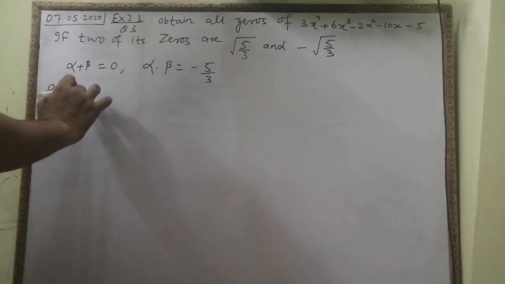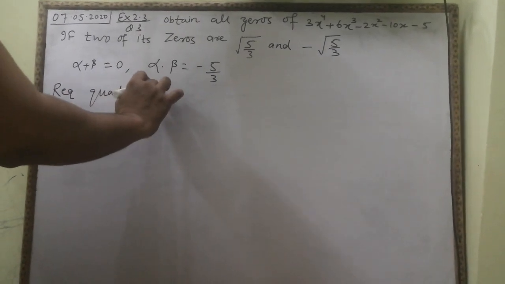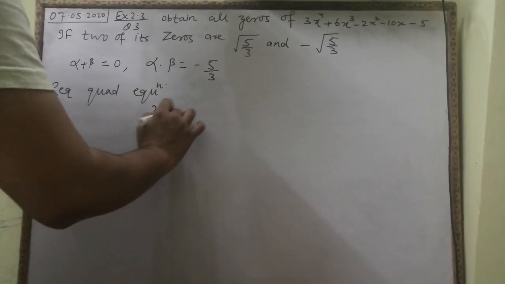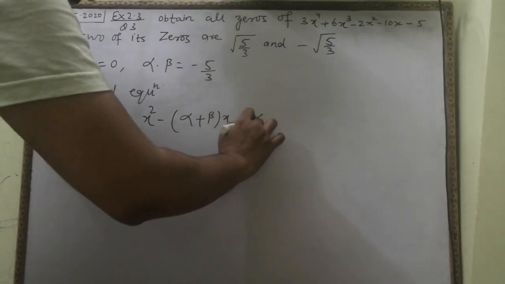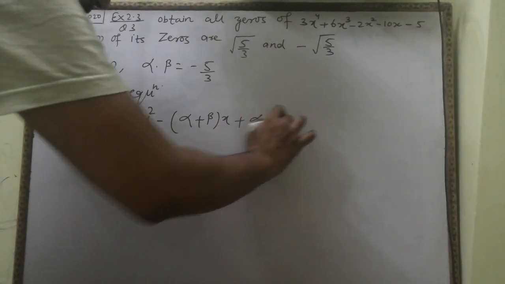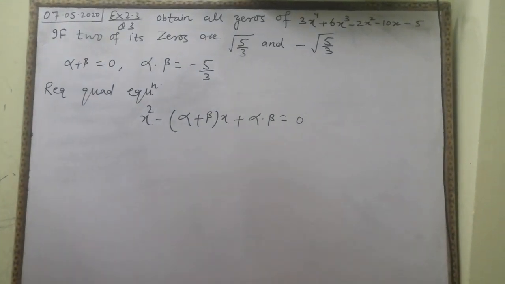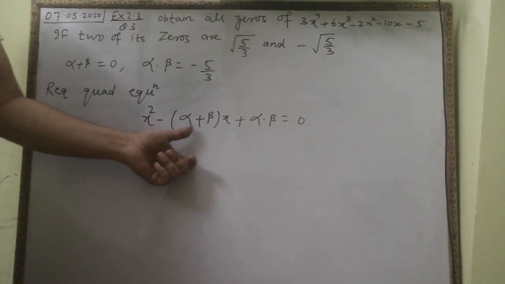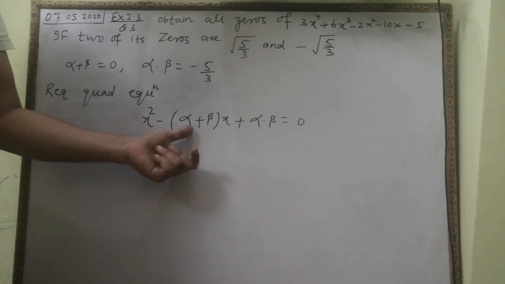So we will write the required quadratic equation is x square minus (alpha plus beta) x plus alpha into beta is equal to 0. This is the standard form of a quadratic equation. We use this when zeros are given. You will be able to find the quadratic equation when zeros are given.